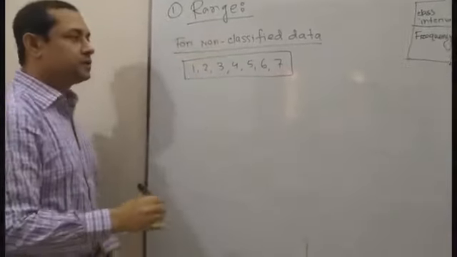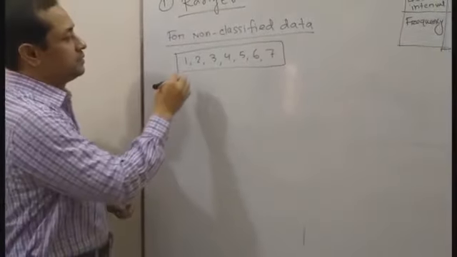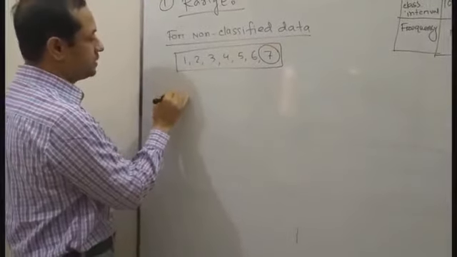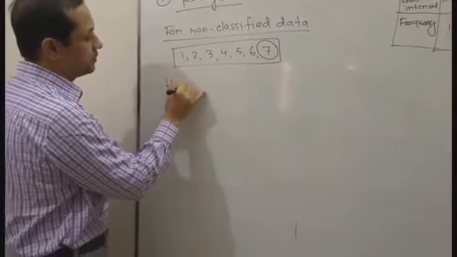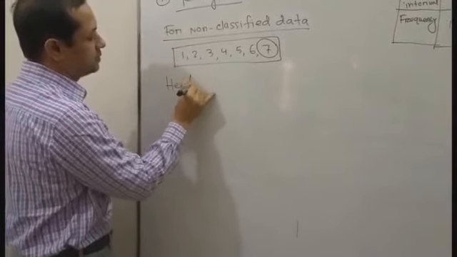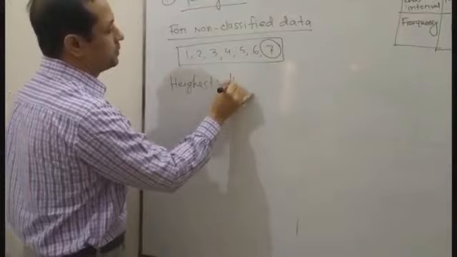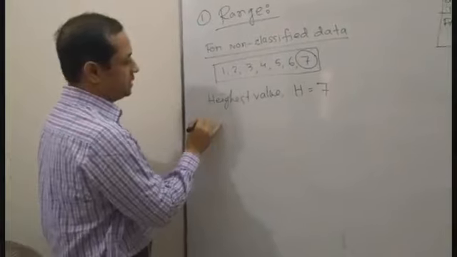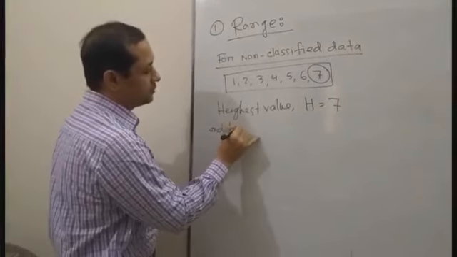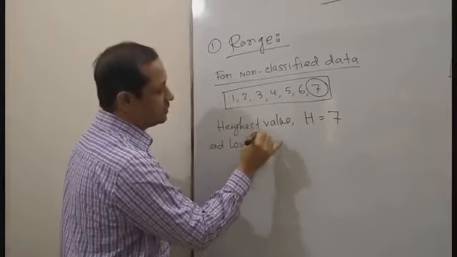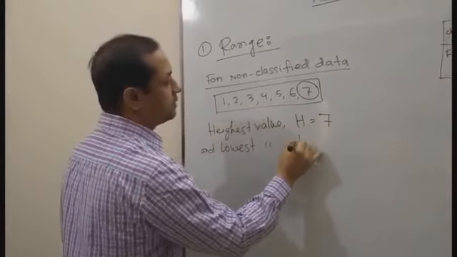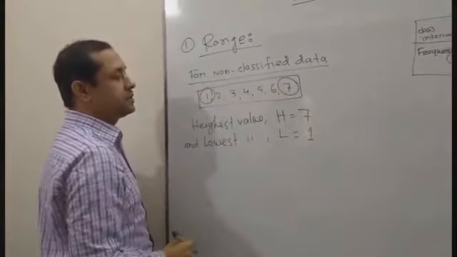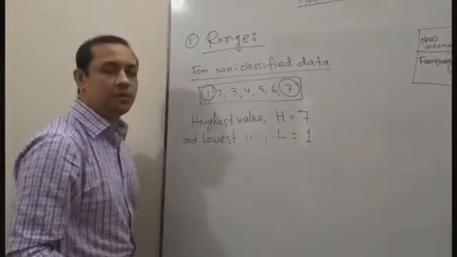It is non-classified data. Here the lowest value is 1, the highest value is 7. The highest value is denoted by H equals 7, and the lowest value is denoted by L equals 1.